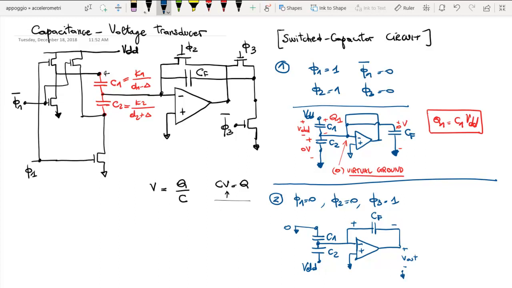Now, what is happening here? It is happening the following thing. Now, this is again at 0 for the virtual ground. So now you see that the voltage on C1 is equal to 0.